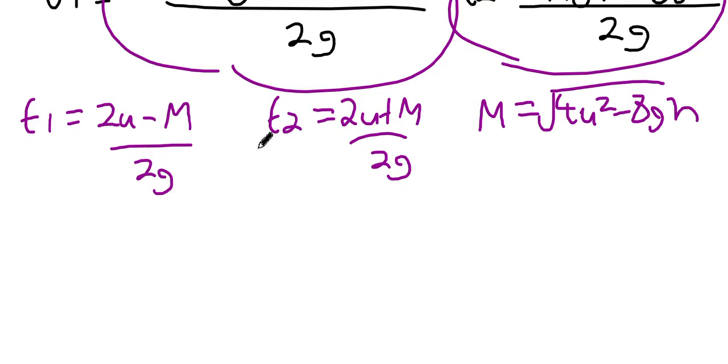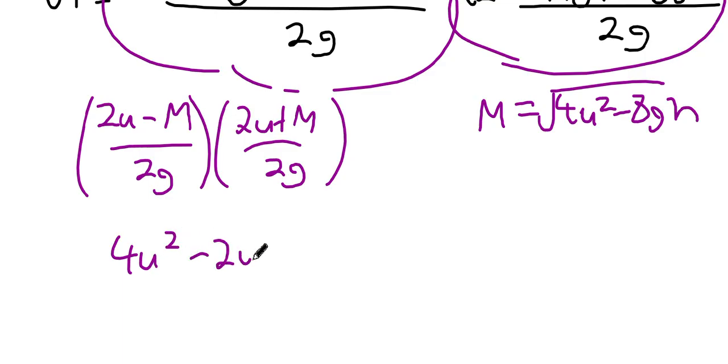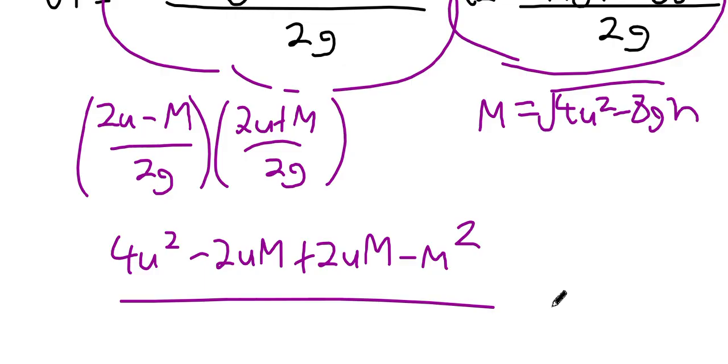Ready? Let's multiply the two of these by each other. In fact, I'm so lazy, I'm just going to put the two of them beside each other right now. Right, let's go for it. 2u by 2u, 4u squared minus 2um plus 2um plus... Absolutely.